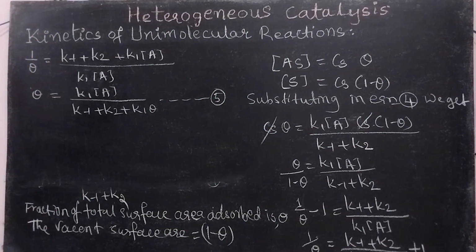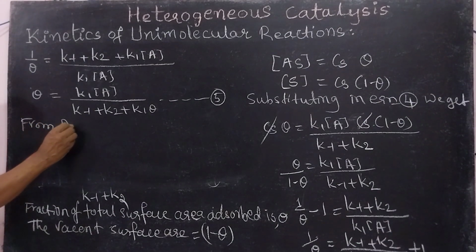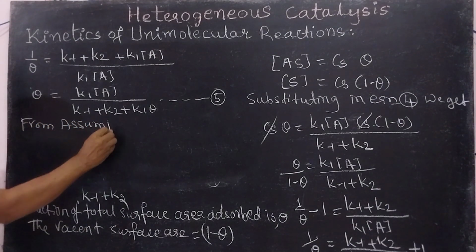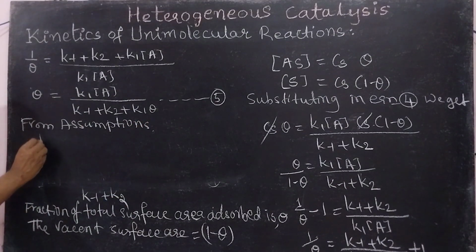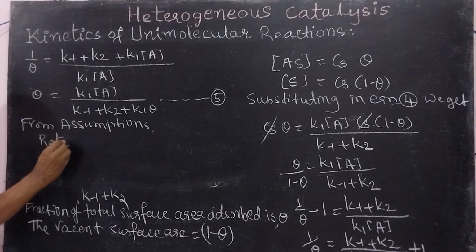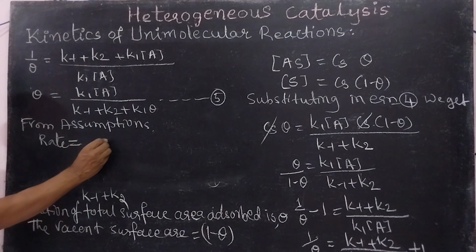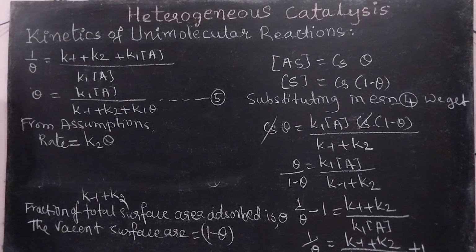Okay, from assumptions, rate is directly proportional to theta and the proportionality constant is K2, where K2 is a rate constant. This is from our assumptions or postulates.